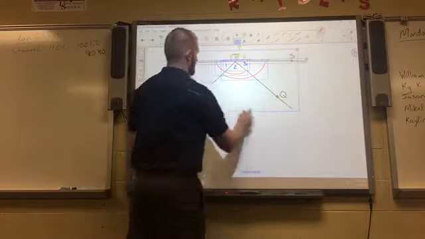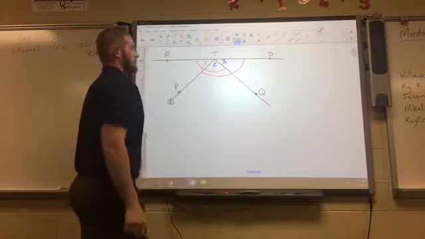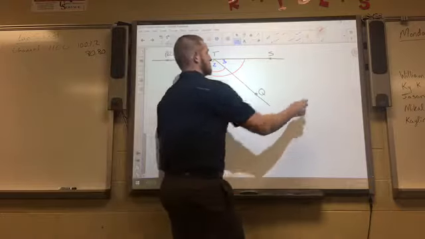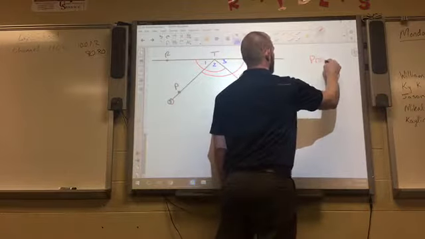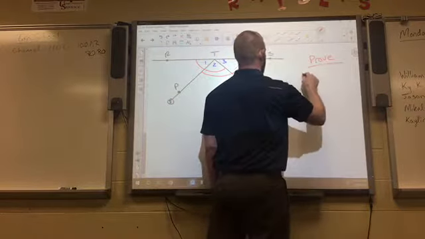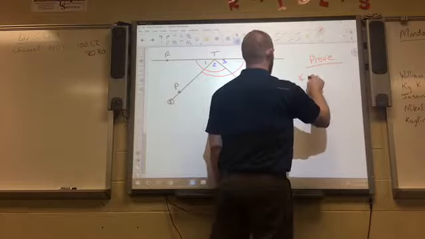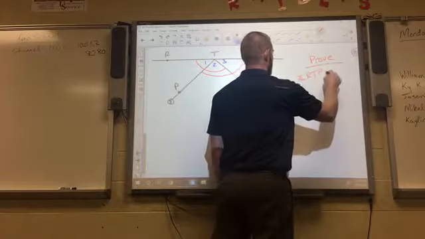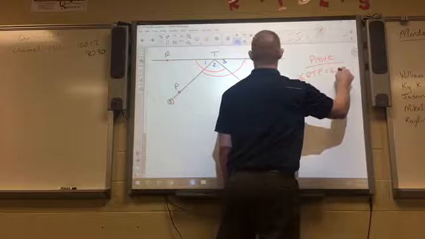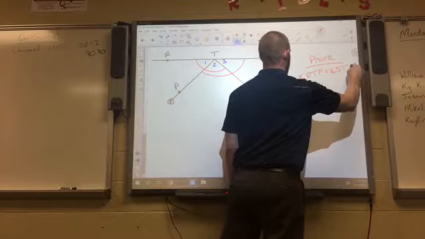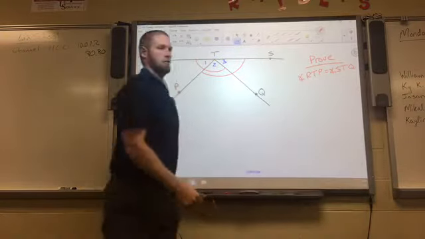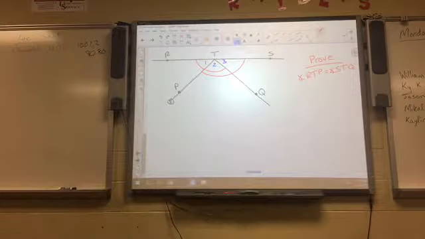Okay, so here's our given diagram. They want us to prove that angle RTP is equal to angle STQ. Okay, I'll give you a minute here to get that copied down.